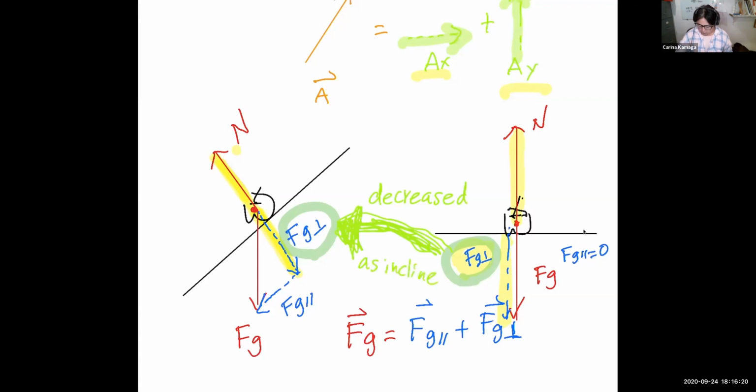Because before, the Fg parallel was 0, and now there's an Fg parallel that's non-zero.